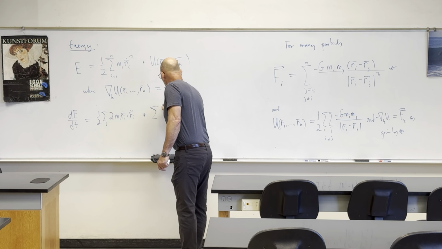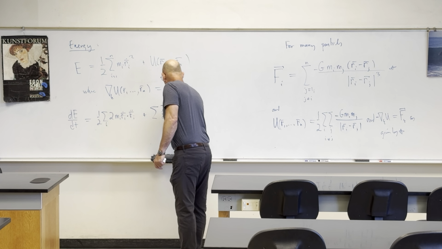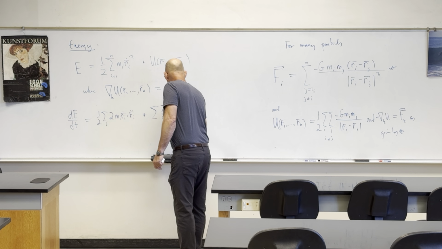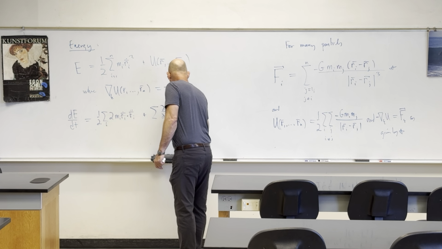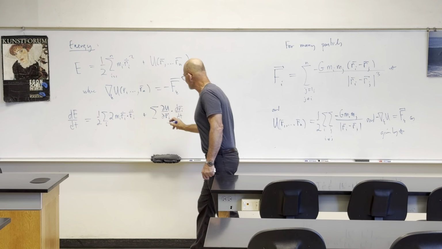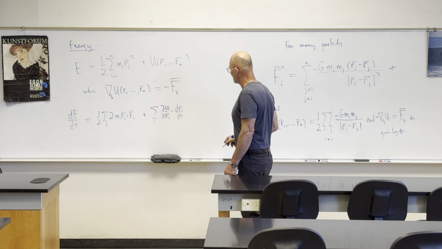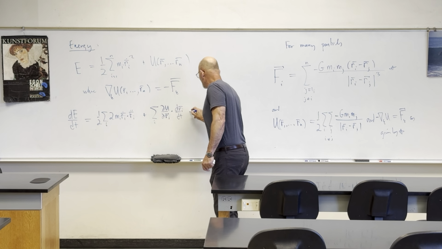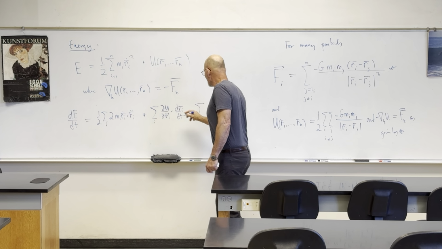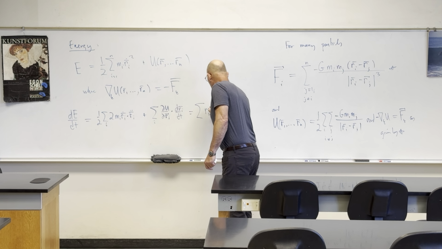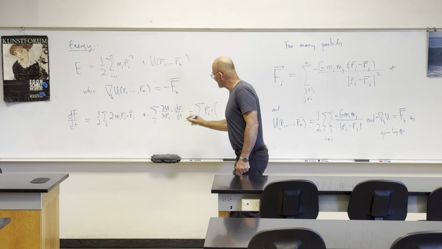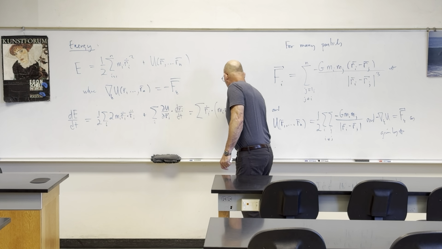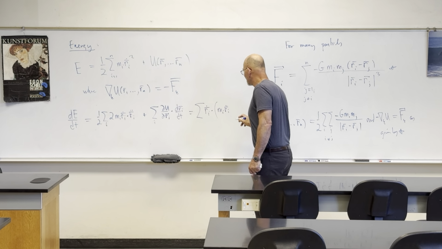I'm going to write it in this way first. du/dr_i dotted into dr_i/dt, which of course is r_i dot. And I can factor that out. r_i dot product. The 2's cancel. m_i, r_i second derivative.